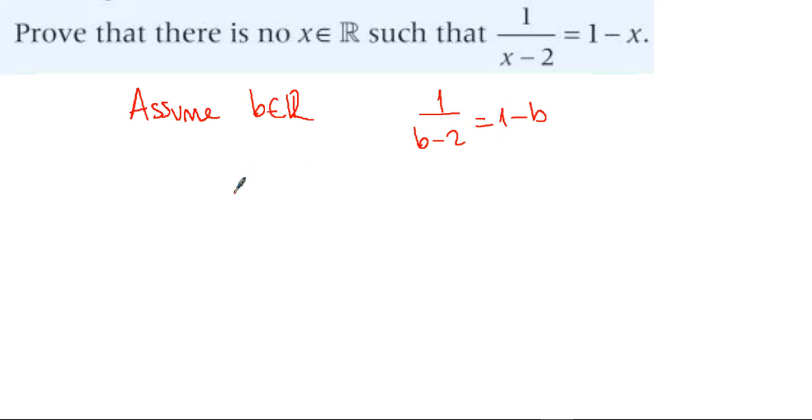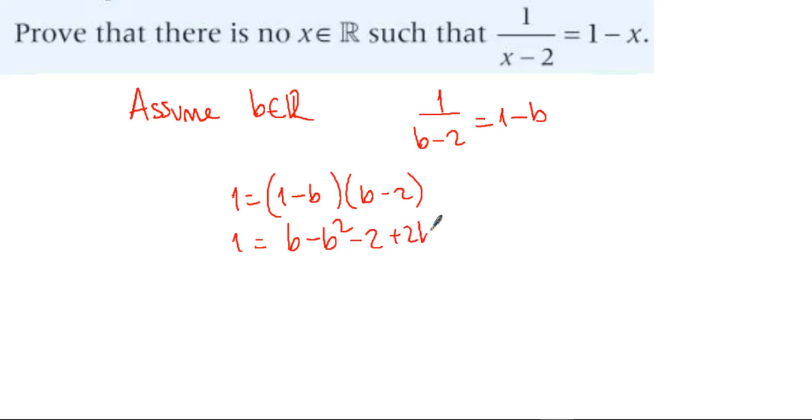We can find it, right? So it will be 1 equals, if I cross multiply, 1 equals b minus 2. If we open the brackets, it will be b minus b squared minus 2 plus 2b. If I bring it all to one side, it will be b squared minus 3b plus 3 equals 0.